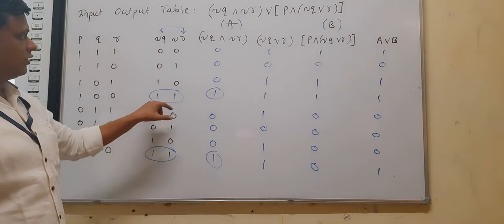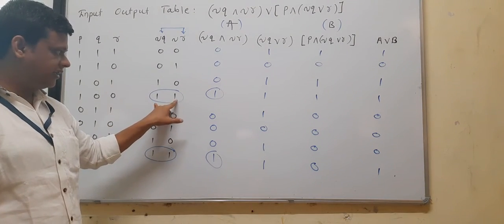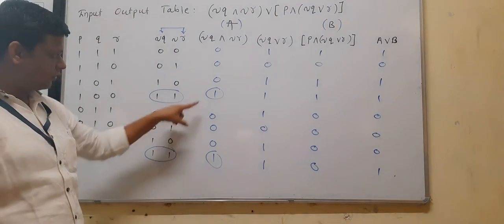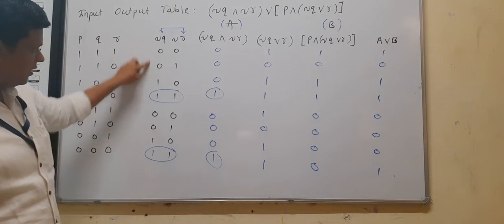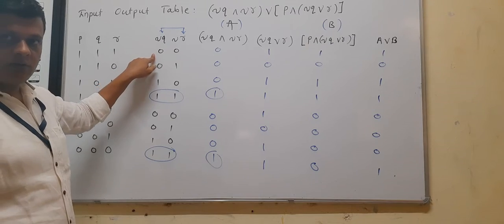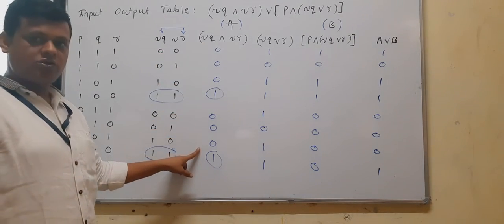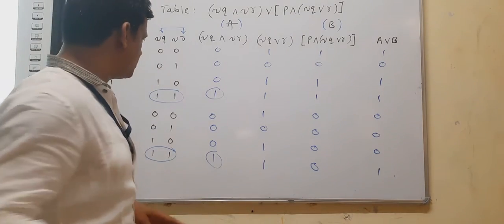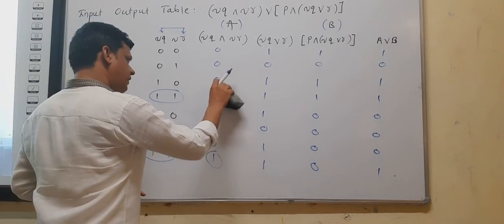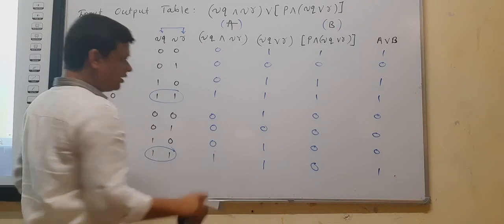So see only in which column both the entries are 1. Here both the entries are 1, so we write 1. In the remaining, there is only one 1 or both are 0, so we write 0, 0, 0, 0, 0, 0. You can use this shortcut or prepare the truth table row by row, as is convenient.